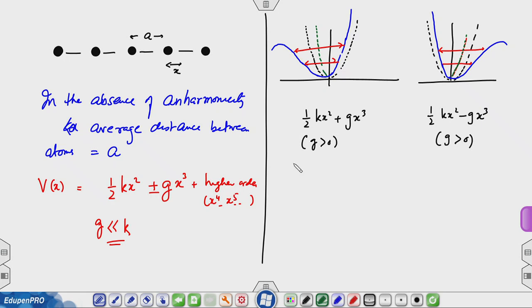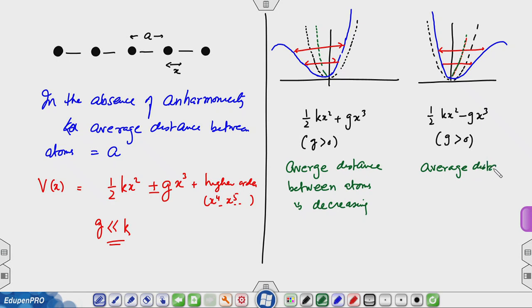So, in this case, average distance between atoms is decreasing, and here average distance between atoms is increasing, and this is thermal expansion.